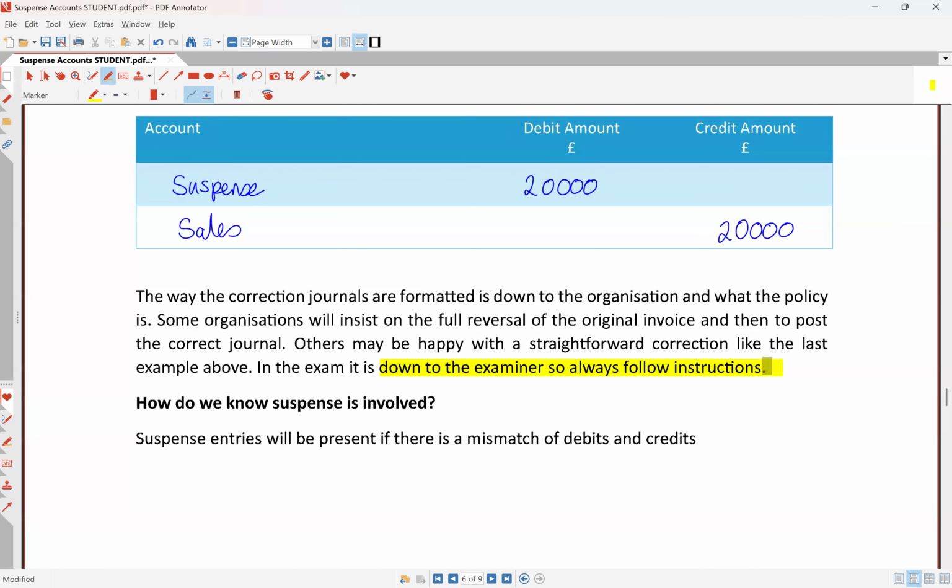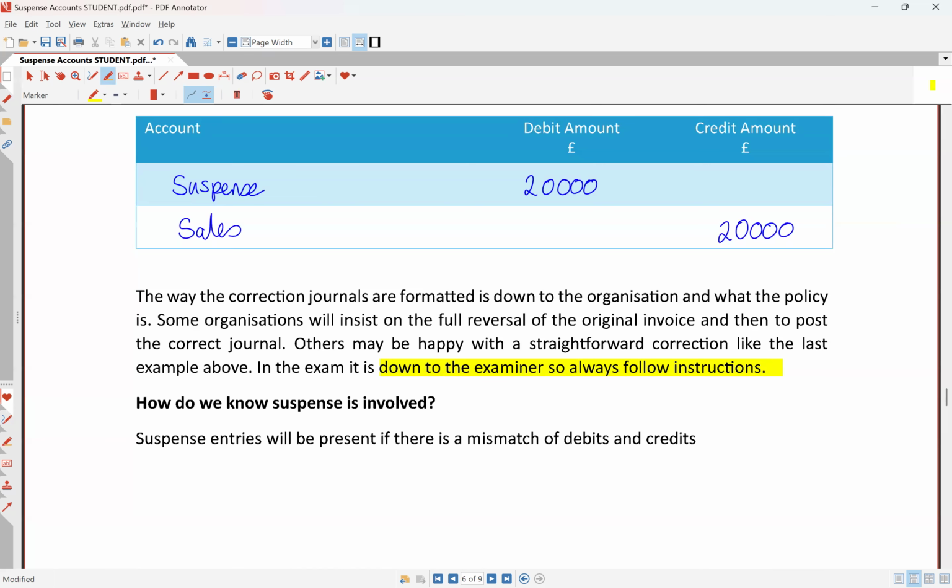We've seen lots of practice questions of that type. If your debits and credits do not match, then they will identify that problem in the trial balance. So if you've got an imbalance, you can see it when you pull out the trial balance. If your debits and credits are correct, but you maybe posted them to the wrong accounts, then you won't need a suspense account and it won't be identified by your trial balance.